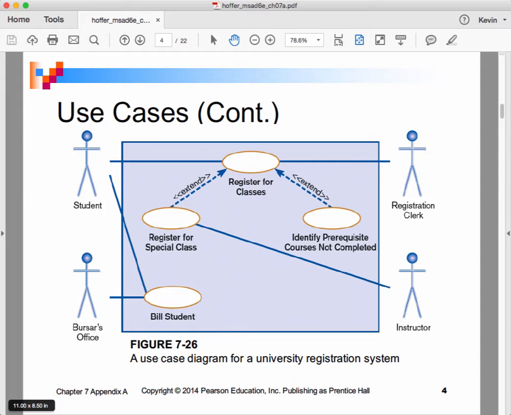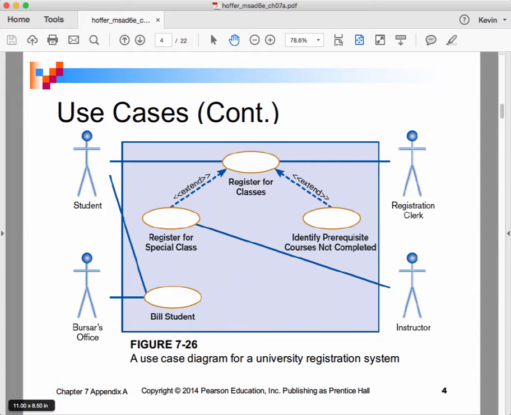Now, look at the lines that connect the actors to the use cases. So there's one between student and register for classes. There's one between registration clerk and register for classes, instructor and register for a special class. And I'll talk about that special class thing before.